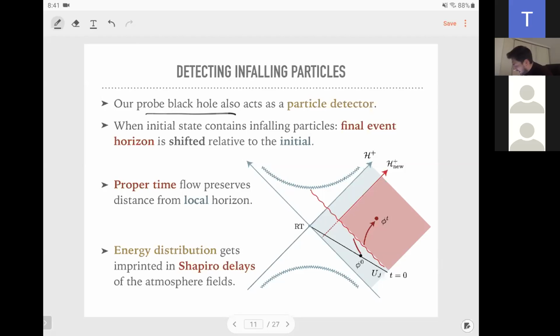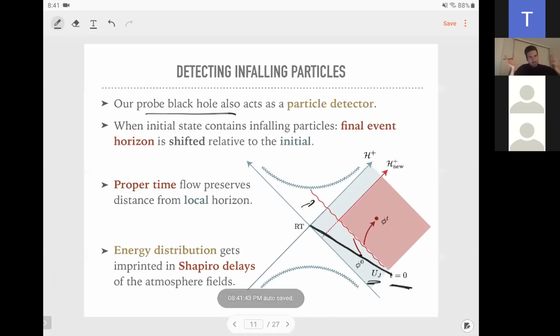So now let's try to formalize this a little bit more carefully. We start at some initial time, t equals 0, and I act with some unitary that will introduce some particles in the spacetime that are supposed to fall into my probe black hole. This red wiggly line is the particles that I introduce with my unitary.